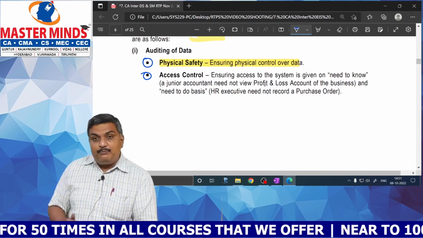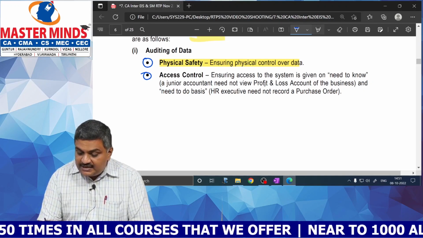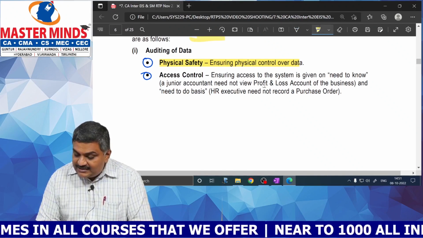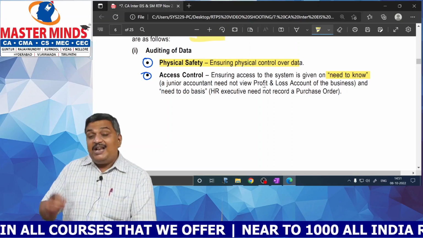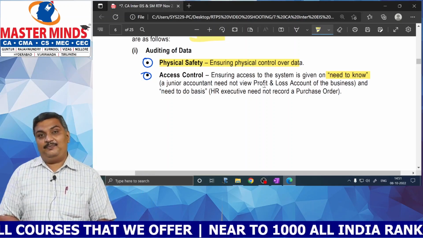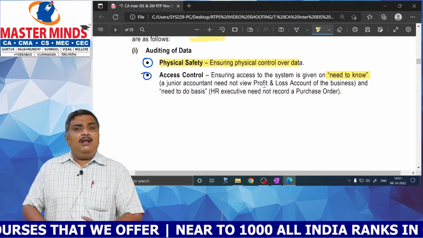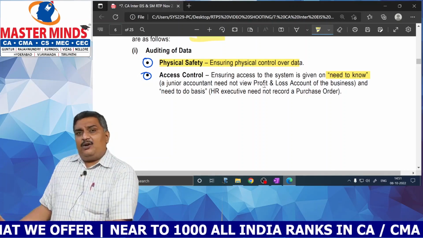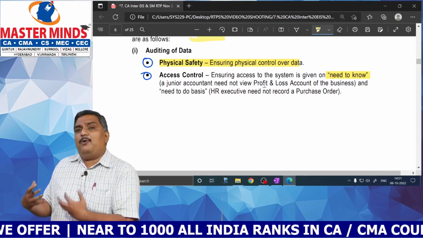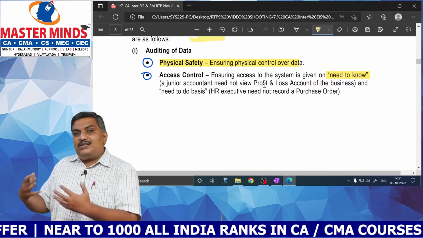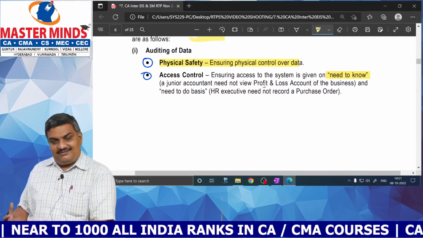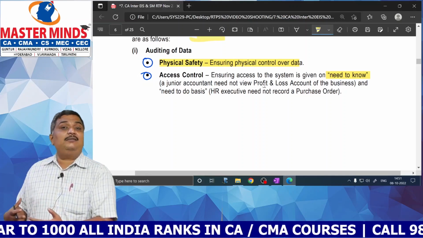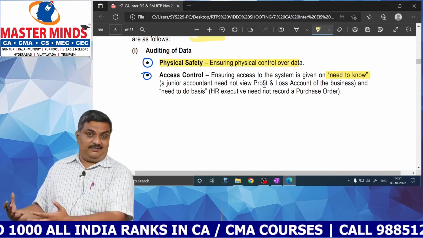And you know, the most important thing in any organization is you need to provide access to any person based on need to know basis. For example, a junior accountant need not verify the profit and loss account. He need not know about the balance sheet. It is just enough for him to make entries. He need not look at the financial statements.